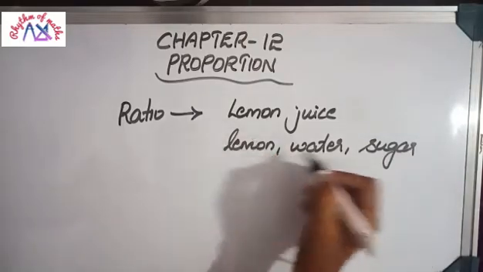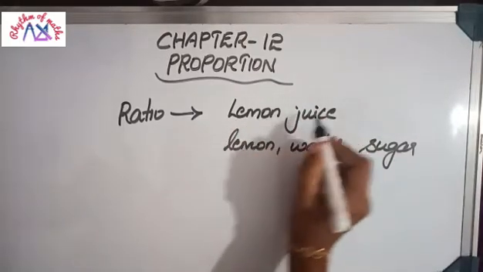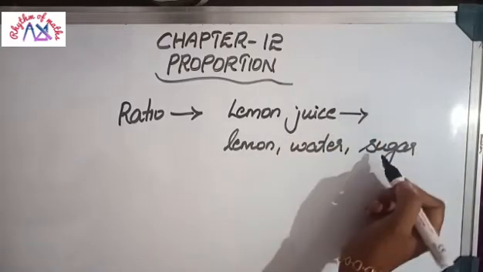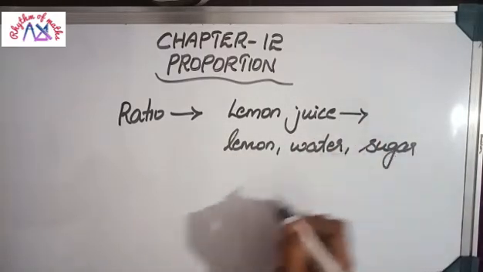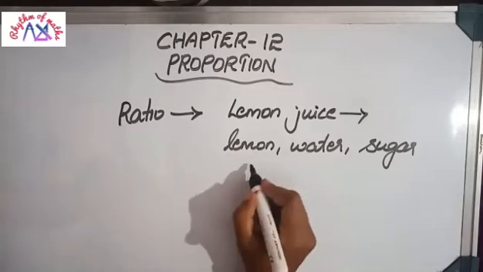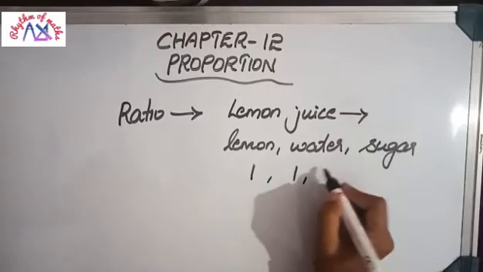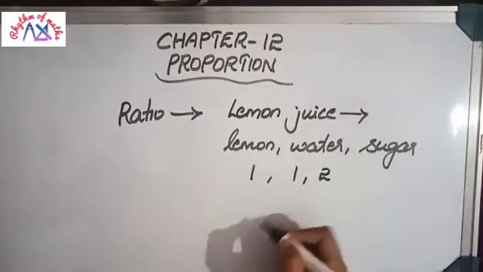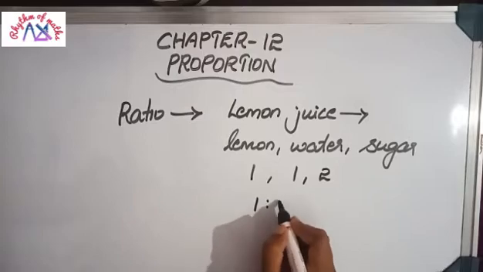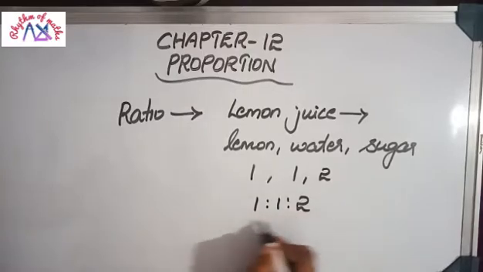If one is more and one is less, that liquid will not be good. That means there must be a particular ratio. For example, if 1 teaspoon lemon we are using for 1 glass water, then sugar is for 2 teaspoon or 1 teaspoon, then the ratio will be 1 is to 1 is to 2. This will be the ratio.